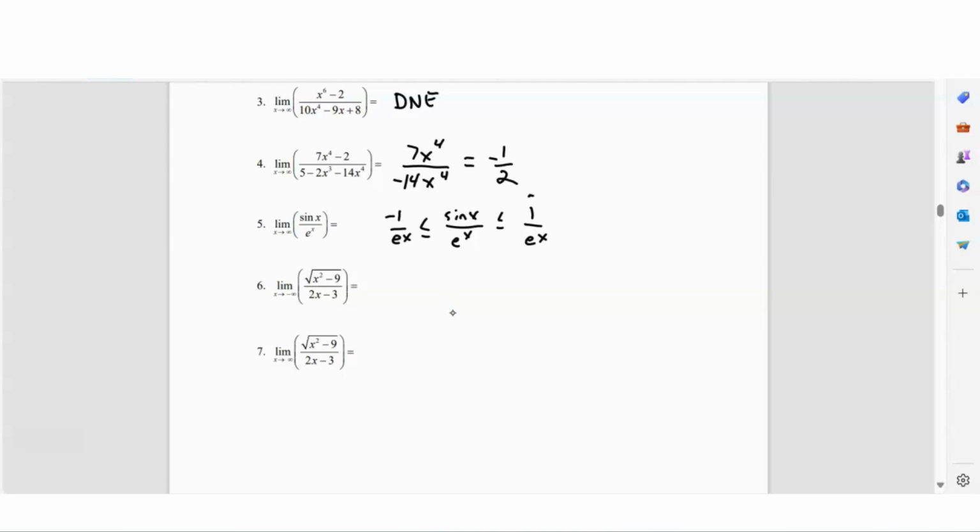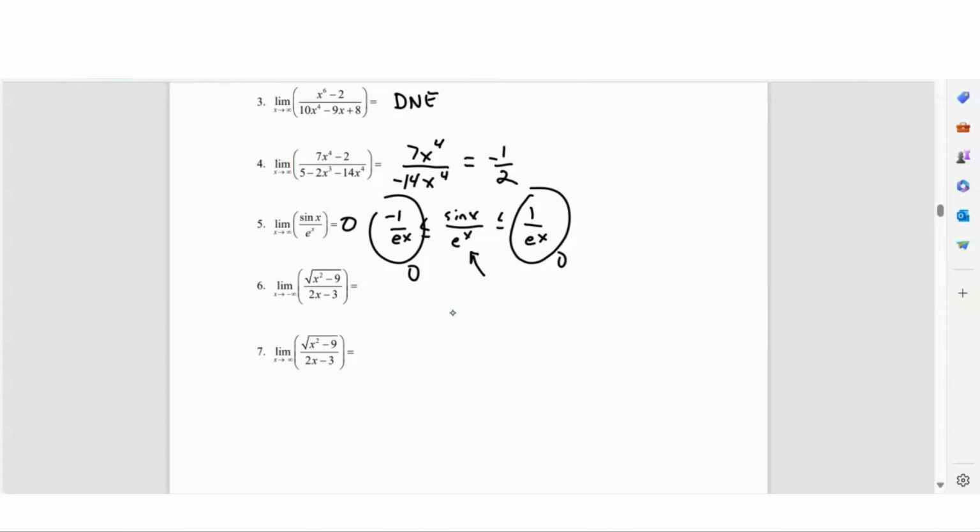Well, what are these at infinity? They're bottom heavy functions because the numerator is a constant. So these are going to approach 0. So that means that by the squeeze theorem, what's in between there has to also approach 0. So the answer here is 0.